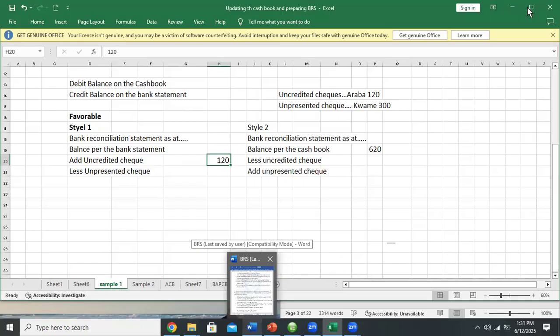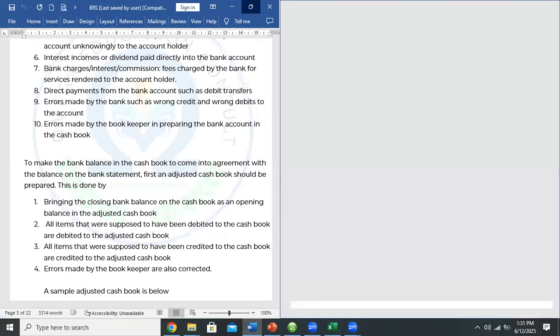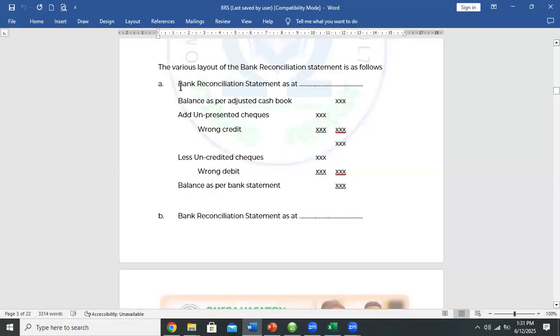And let me show you to my professors so they can appreciate what we have done. So this is it. You see, when you begin with the balance as per the cash book, you add unpresented checks and then you less uncredited checks.